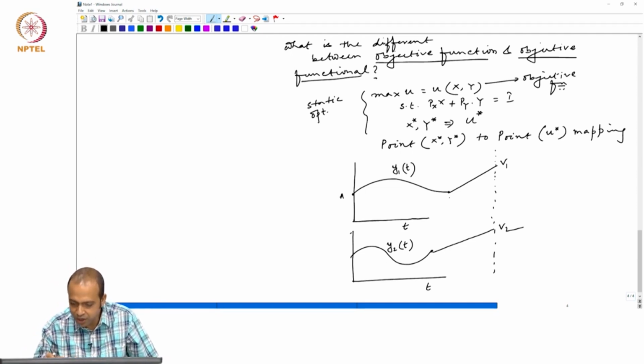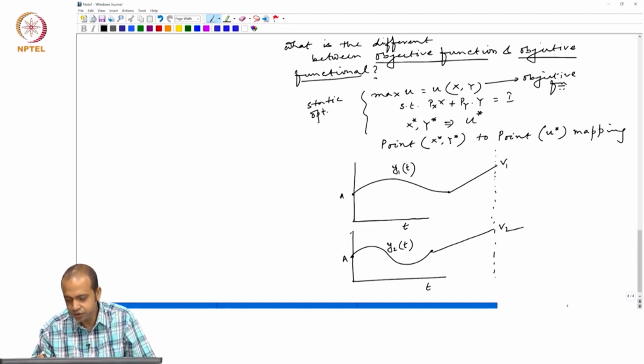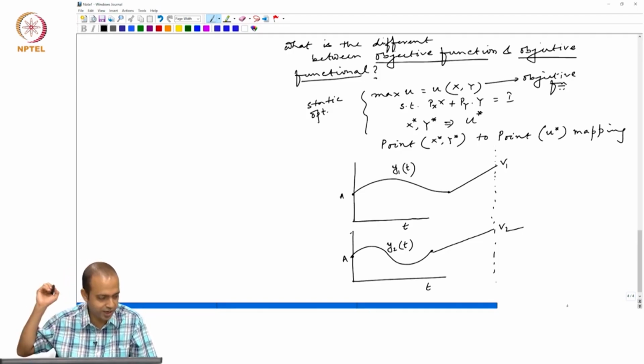If you follow this path, then you are achieving V1. If you follow this path, from here, you are achieving V2. This is a real line. There are different numbers, V1, V2, V3, like that.